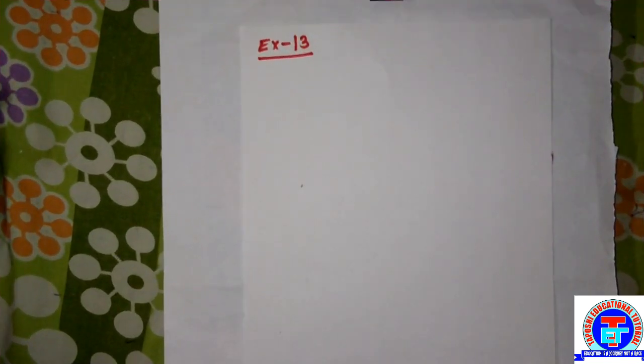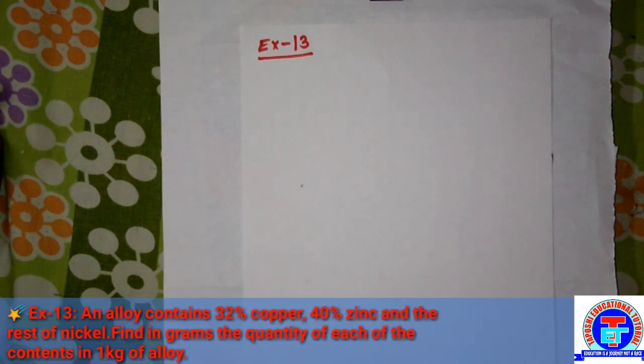Okay, now my dear student, here the another problem number 13 regarding this chapter percentage. The problem is given here, an alloy contains 32% copper, 40% zinc and the rest nickel. Find the quantity in grams of each of the contents in 1 kg of alloy. Right, student?